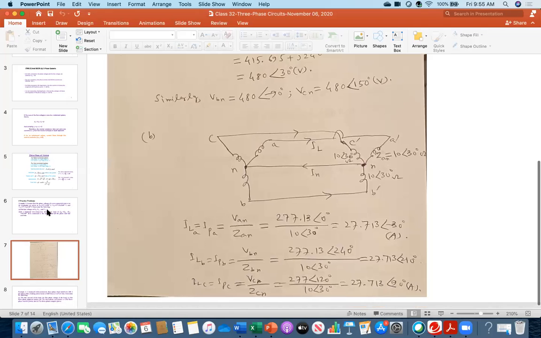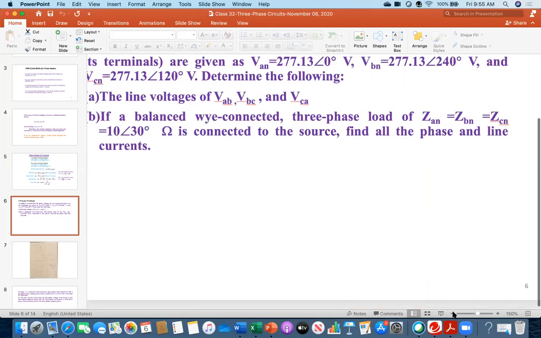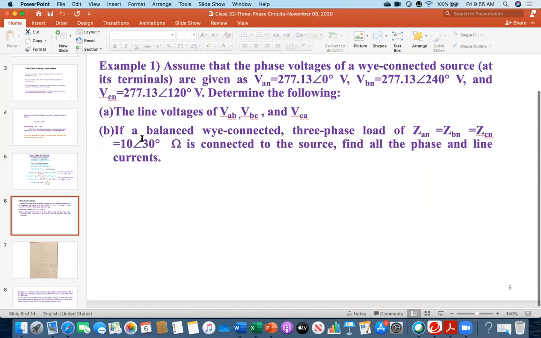Okay, now there was the B part. Now everybody see what was the B part. Let me zoom in a little bit. So you see the B part was: if a balanced Y connected three-phase load of Zan equal to Zbn equal to Zcn, which is 10 at an angle of 30 degree ohm, is connected to the source, then find all the phase and line currents.